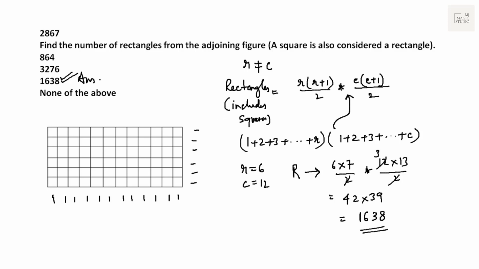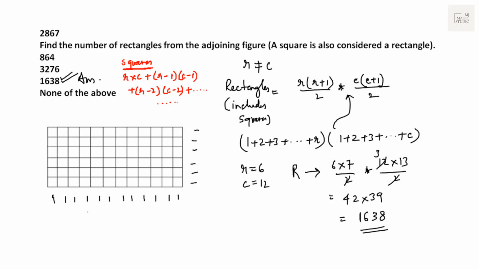If by chance they ask how many squares there are in this diagram, for squares where r is not equal to c, we use the formula r into c plus (r minus 1) into (c minus 1) plus (r minus 2) into (c minus 2) plus and so on, till one of them reaches 0.